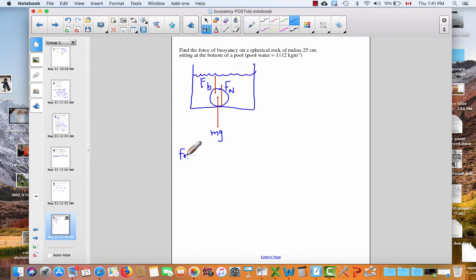All right, so our analysis starts with an equation that says forces are balanced. So that means the two upwards ones have to equal the downwards force. So we've got the water pushing up, and we've got the bottom of the pool pushing up. Then we've got the Earth pulling down, and that's the weight. So that is a true statement.